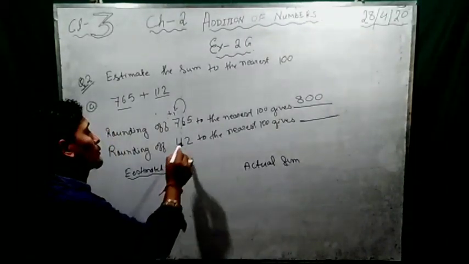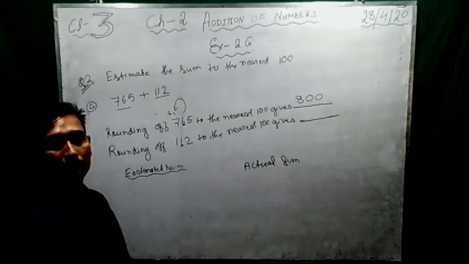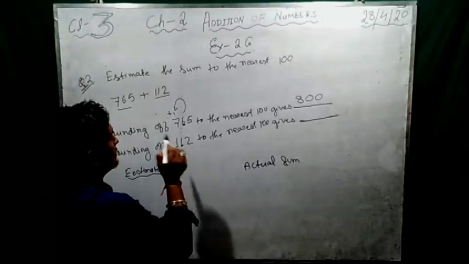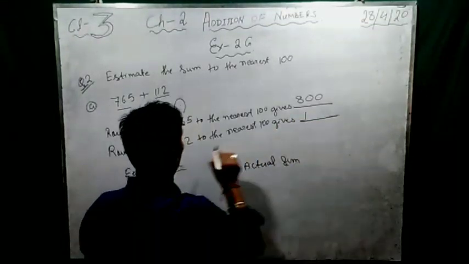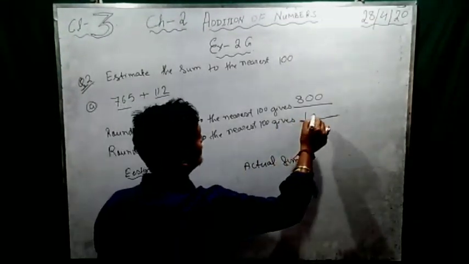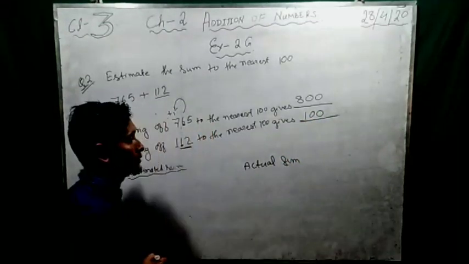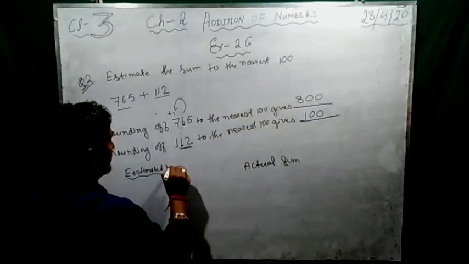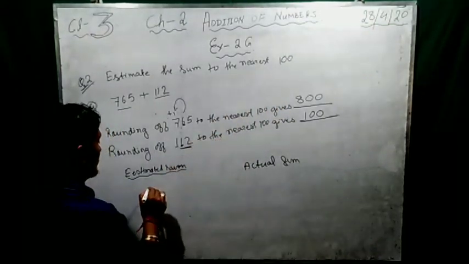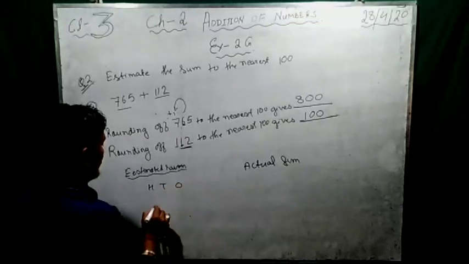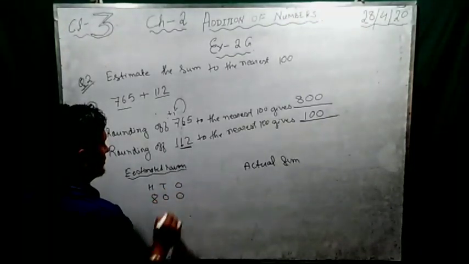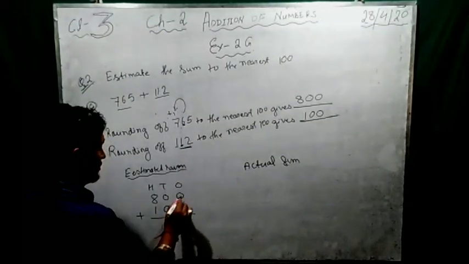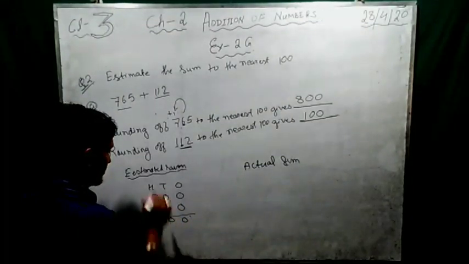Okay. Now see this one. What is this? This is more than 5 or less than 5? Yes, less than 5. So the hundreds place number will remain the same, and the two digits will be replaced by 00. Clear? Now the estimated sum. See your estimated numbers: 800 plus 100, so 900.